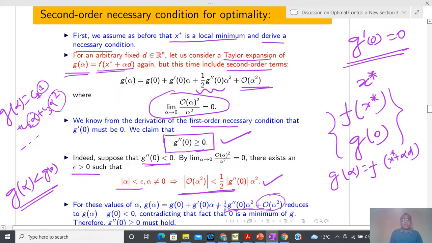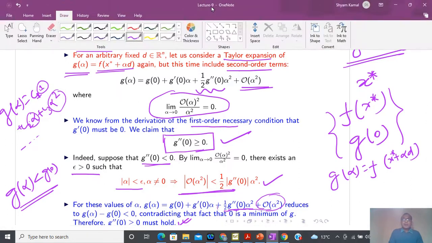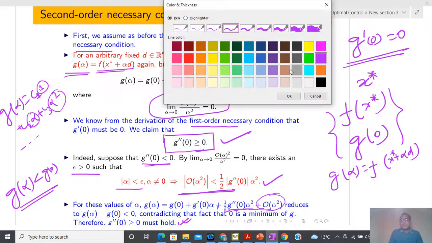So if you assume g double dash 0 less than 0, then whatever condition for minima is no longer true. For that reason, since I assumed it by contradiction, I am telling that g double dash 0 is greater than or equal to 0. I hope you are able to understand this proof.